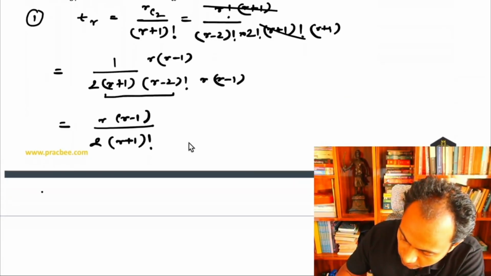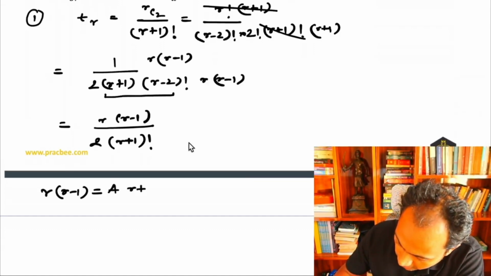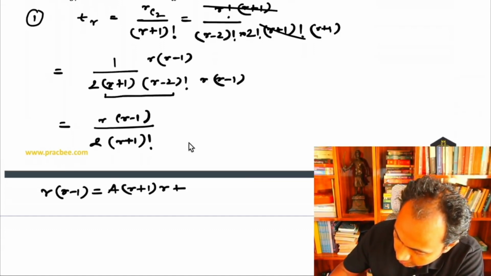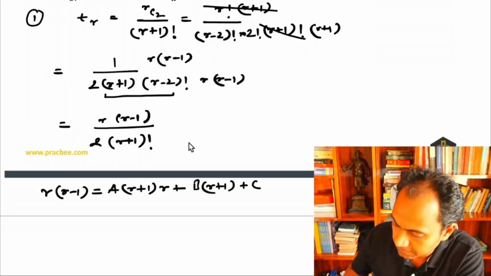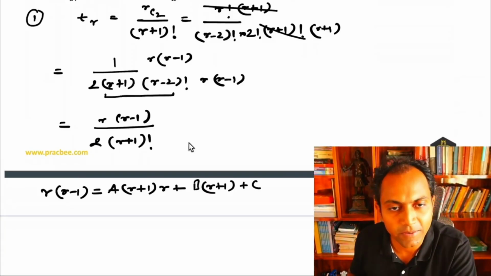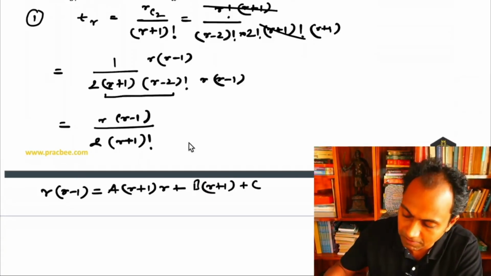Now what we can do is we can write r into (r minus 1) as nothing but a into r into (r plus 1) plus b into (r plus 1) plus c. Now this is the kind of partial fraction that we are using in order to break down the series into multiple series.